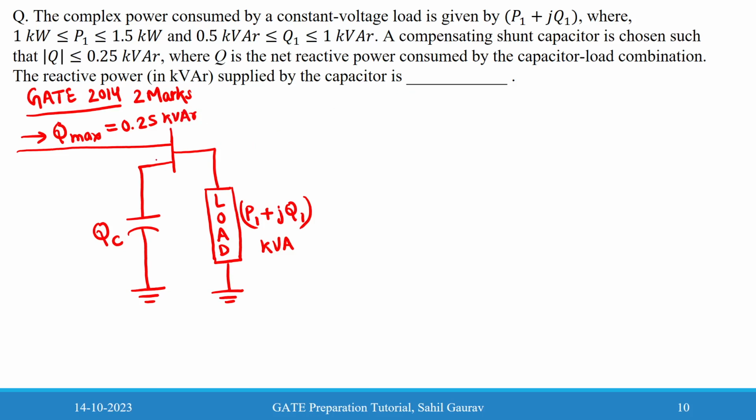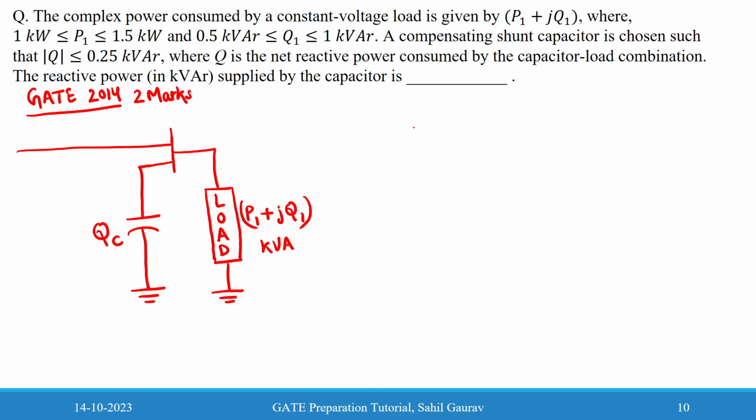A compensating shunt capacitor is chosen such that mod Q is less than 0.25 kVAr, so for the whole combination the limit is 0.25 kVAr.